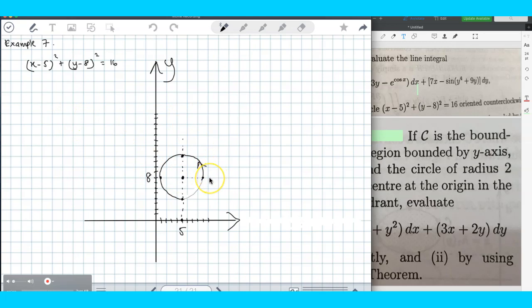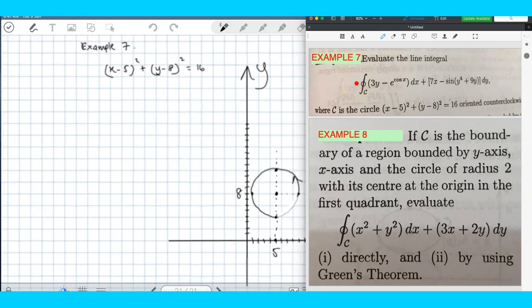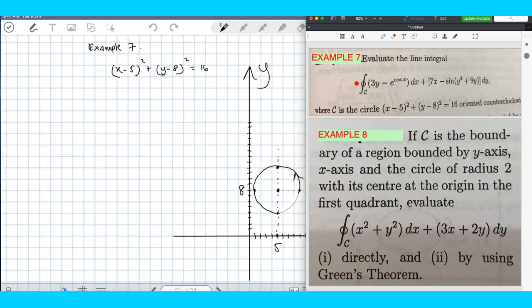We have a counterclockwise and closed curve, meaning that we can use Green's theorem. Now we have to find the P and the Q, right?